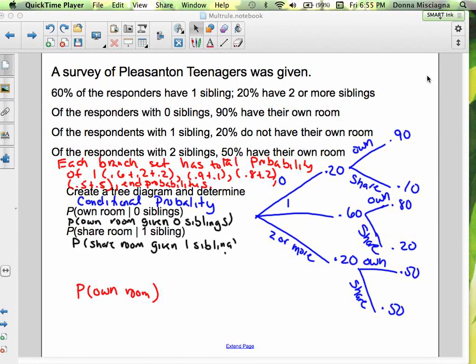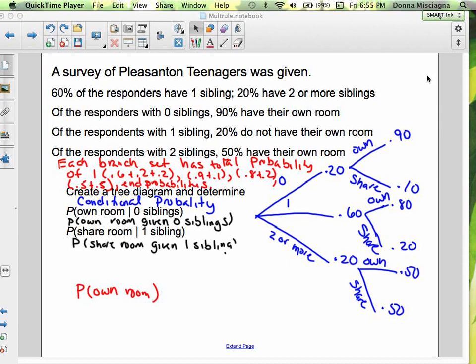So notice we have each of our categories, and we have the probabilities for those first categories, which is the 0 siblings, 1 sibling, 2 or more. Then each of those categories is broken up into the next set of categories, which is own and share. A couple things I wanted to point out is that each branch set has a total probability of 1.